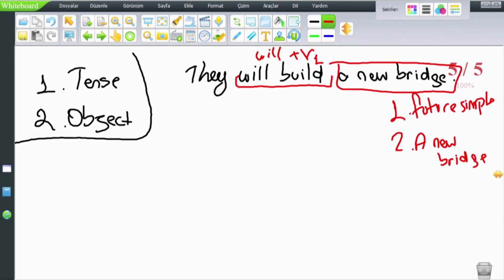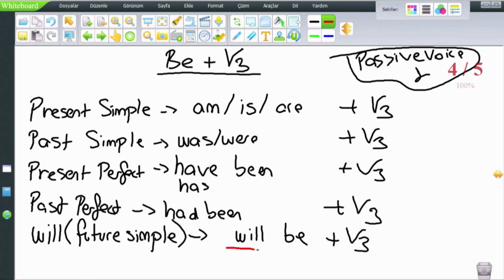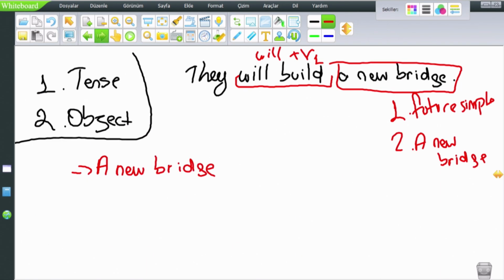I take the old object and put it as my new subject of the sentence, a new bridge. We said that if we're talking about future simple, I will use will be, verb 3. We don't form be in future simple. Will be.